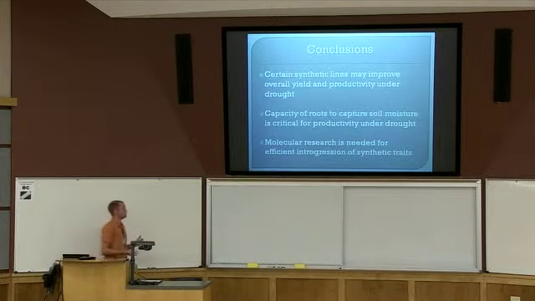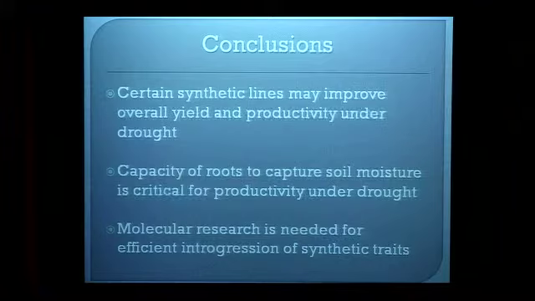Just in conclusion, for the synthetic varieties that we did test, certain lines did improve overall yield to a slight degree, and there is a potential for improved productivity under drought as well. We pointed out that the capacity of the roots is one of the key functions to capture soil moisture, which is, I think, fairly well known in the industry.